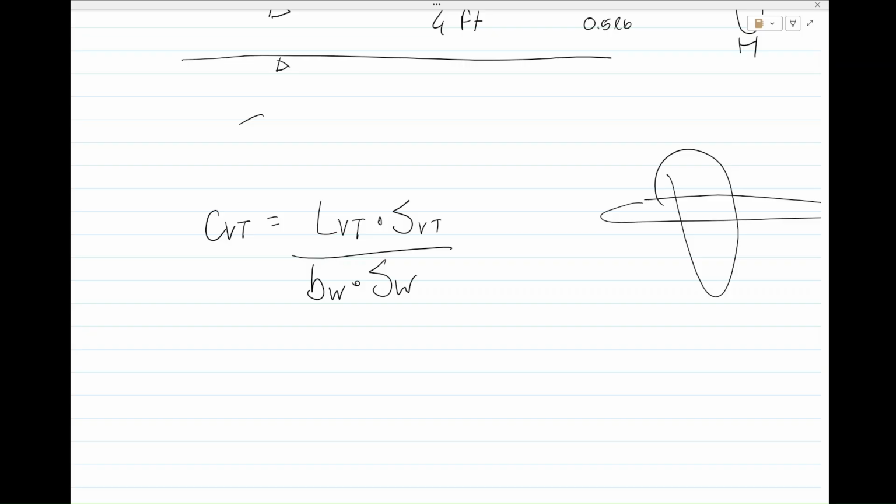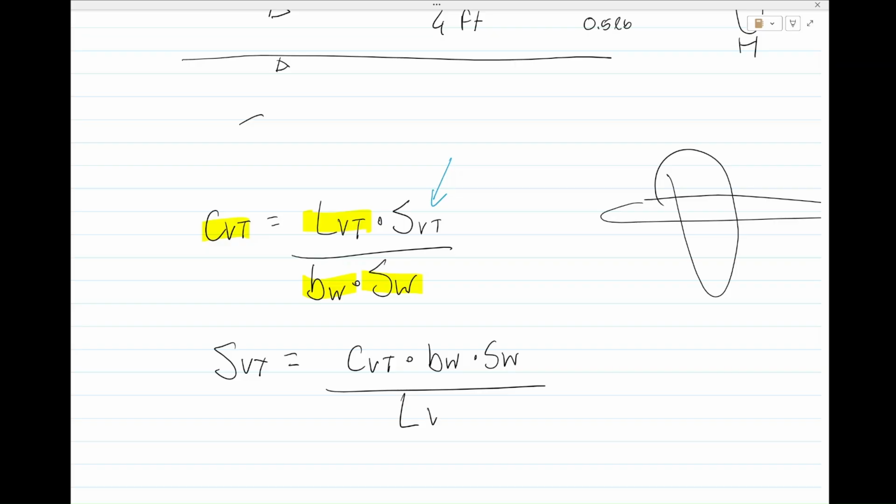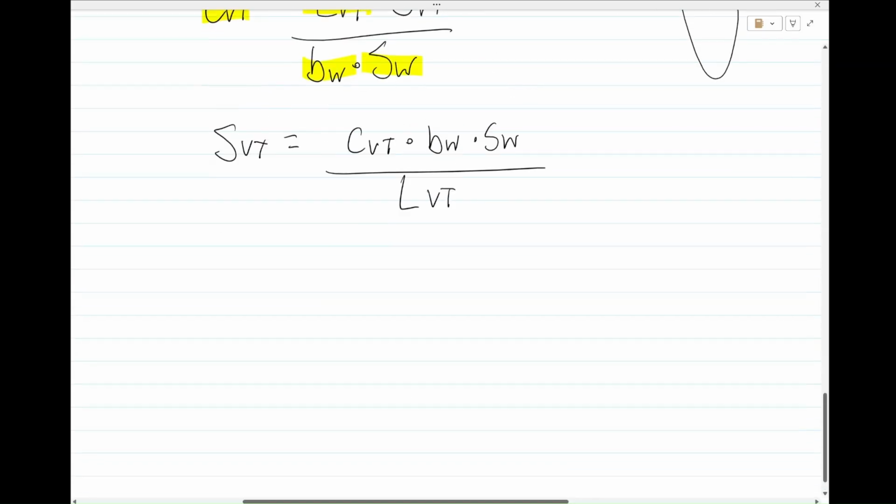We have this, we have this, we have this. Let's keep the lever arm the same. We are looking for our tail area. In that case, SVT equals CVT times wingspan times wing area all over the lever arm. We're going to keep the lever arm the same, by the way.